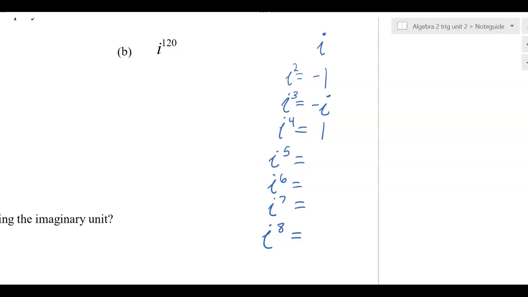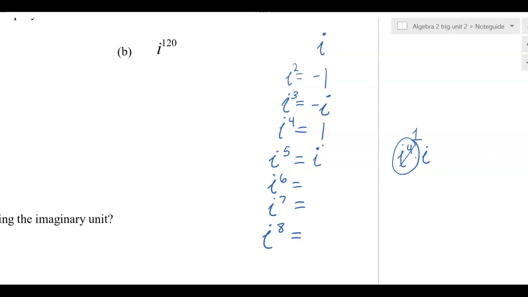Who can tell me what i to the 5th simplified to be? So i to the 5th would be like i to the 4th and one more i, right? What's i to the 4th? +1. So +1 times i will just be i. Okay.